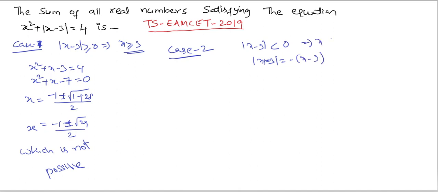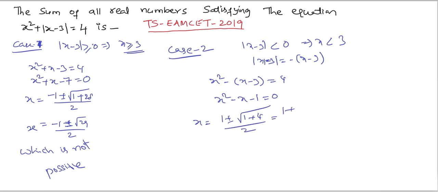From this equation, x less than 3, substituting this value, that is x square minus of x minus 3 is equal to 4, x square minus x plus 3 minus 4, that is x square minus x minus 1 is equal to 0. So the values of x is equal to minus b plus or minus under root of b square minus 4ac by 2a, that is 1 plus or minus root 5 by 2. Here root 5 value is 2.2, that is 2.2 plus 1, 3.2 by 2. So this is the value of x less than 3.